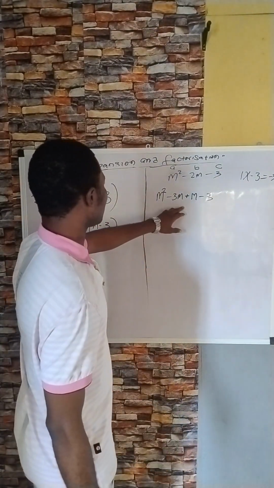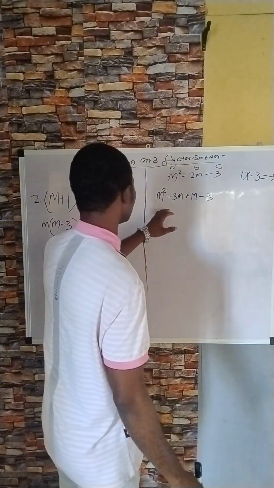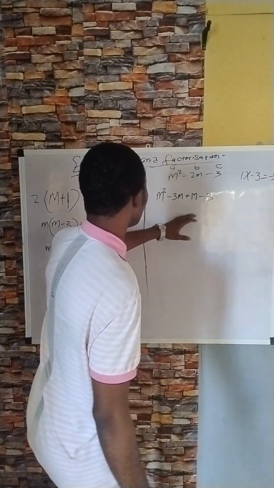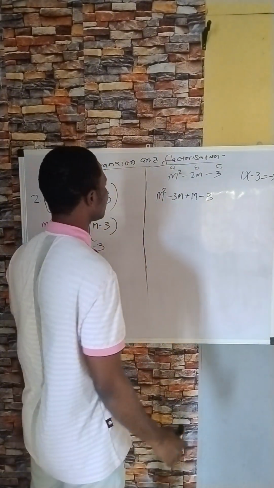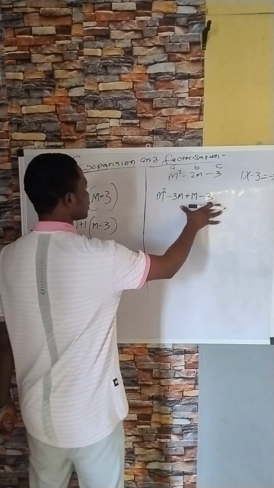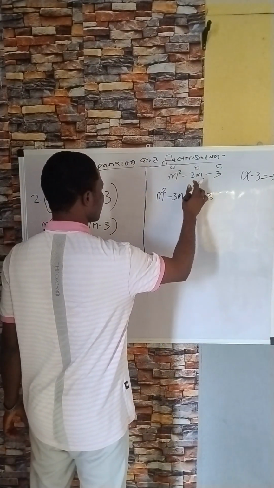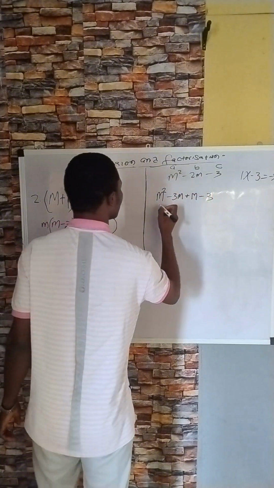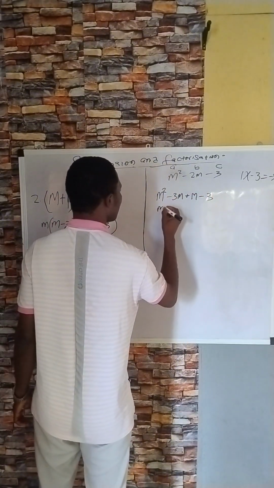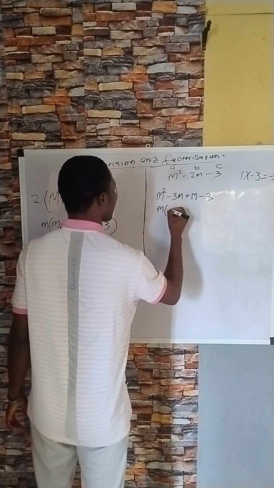So when you bring down c, the next step you are supposed to take is to factorize this by bringing out the common terms. Bring out the common terms you can find in this. So this will give you 2 expressions. So you have m brackets m.